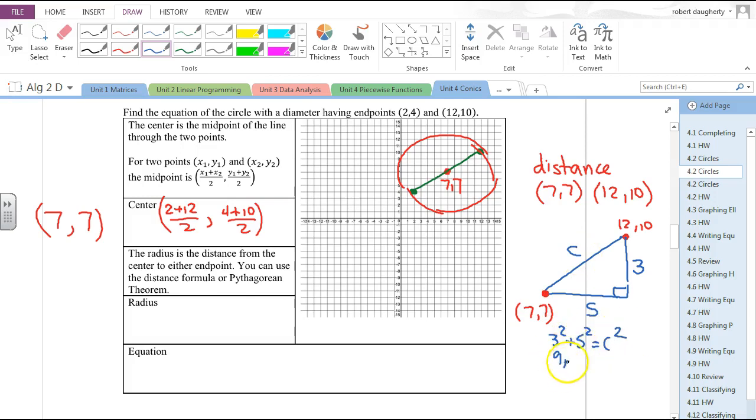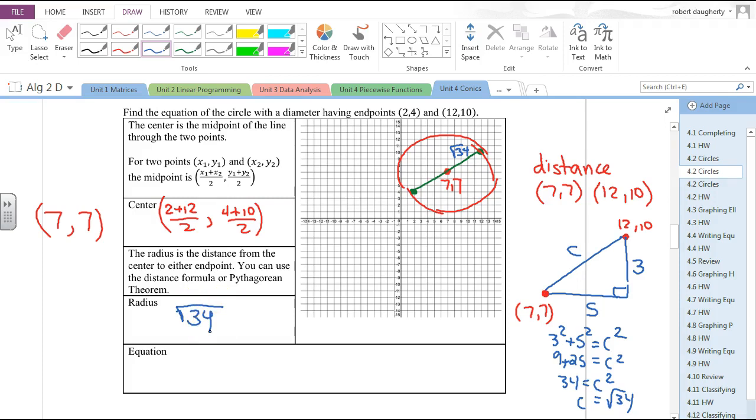So 9 plus 25 equals c squared. So 34 equals c squared. So c is the square root of 34. So that's the distance from here to here is the square root of 34. So my radius is the square root of 34.